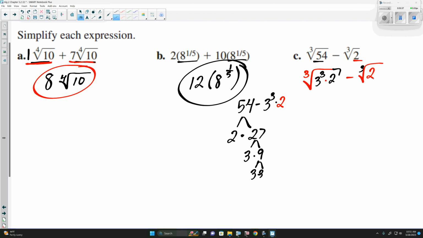Can we take the cubed root of 3 to the third? Yeah. According to the properties, we could split this up as the cubed root of 3 to the third times the cubed root of 2. Now the cubed root of 3 to the third is 3.